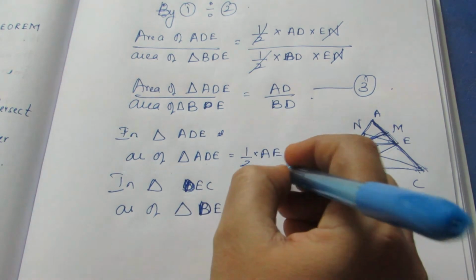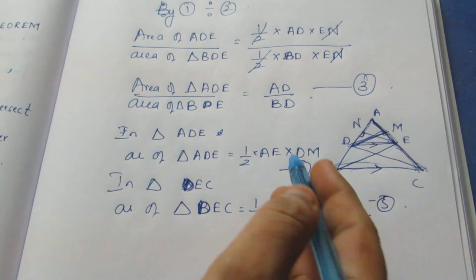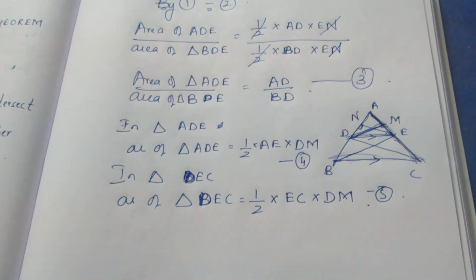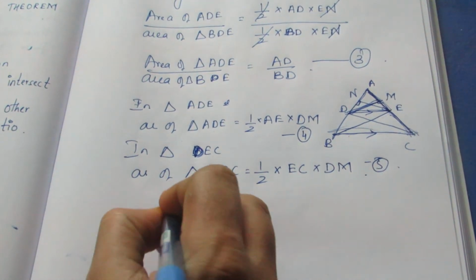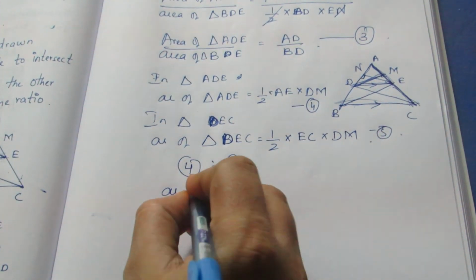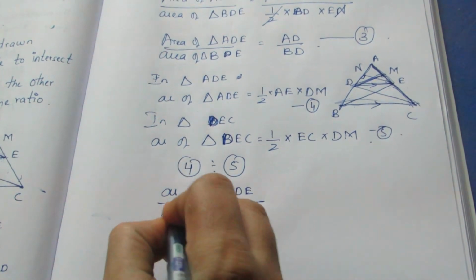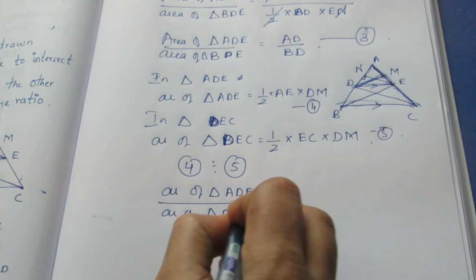Now let me divide the fourth with the fifth. If I divide 4 by 5, I get the area of triangle ADE by area of triangle DEC.